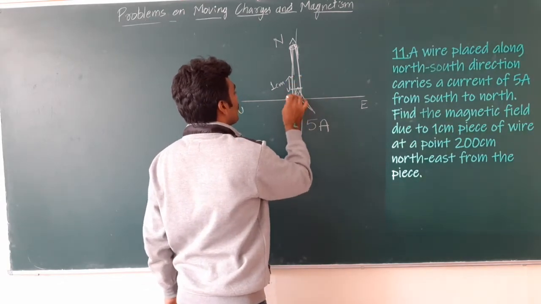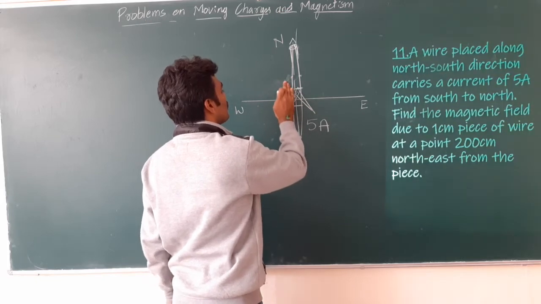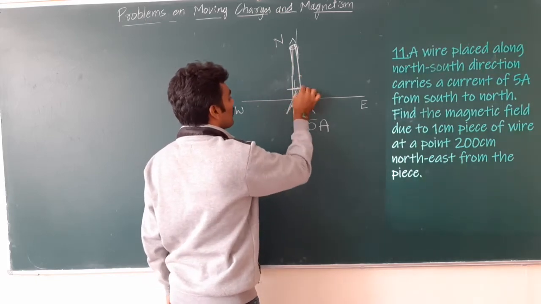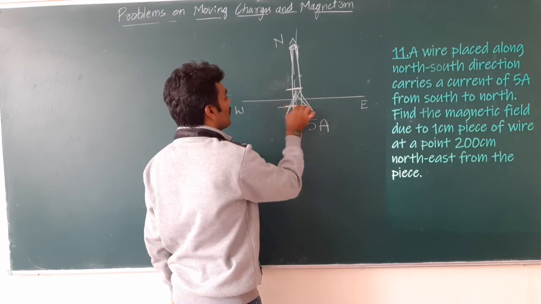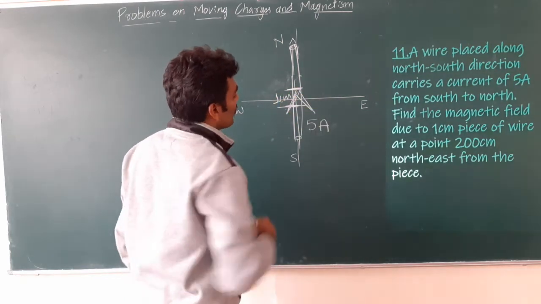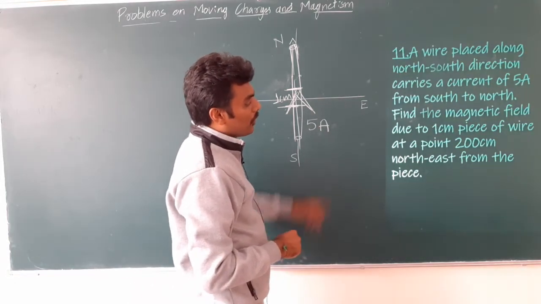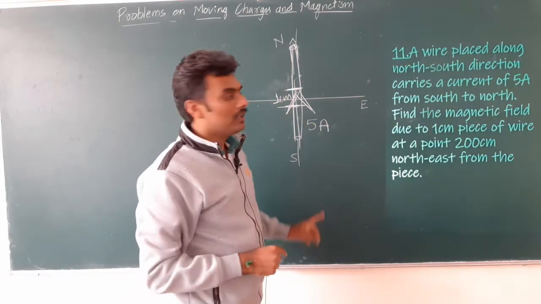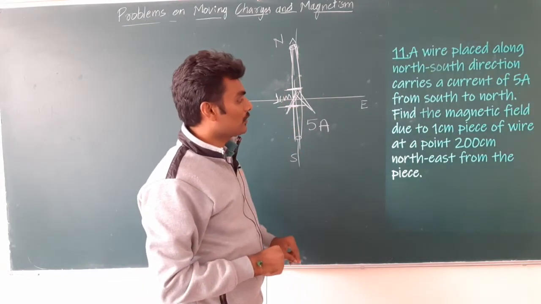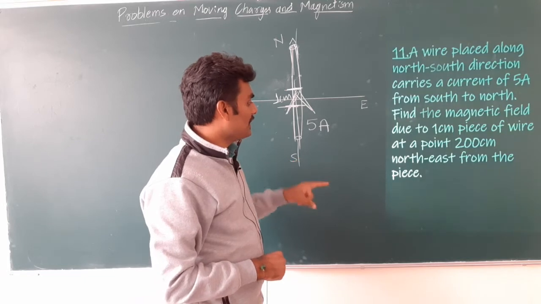I can consider anywhere, but in order to get the proper position of the point, I am considering that 1 centimeter piece here. So this is the 1 centimeter piece that I have considered, and the point where we need the magnetic field due to this current carrying wire is 200 centimeter away and is northeast from the piece.